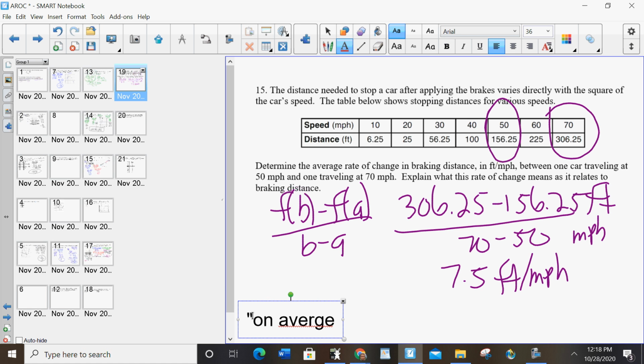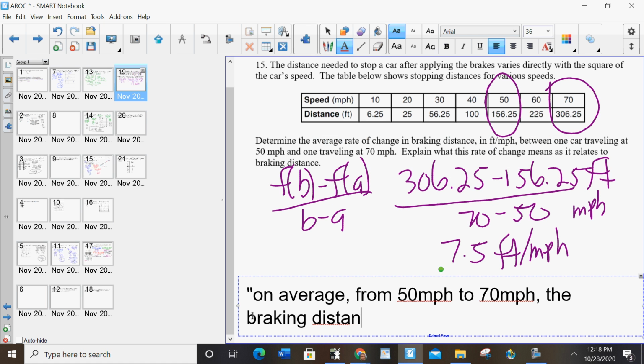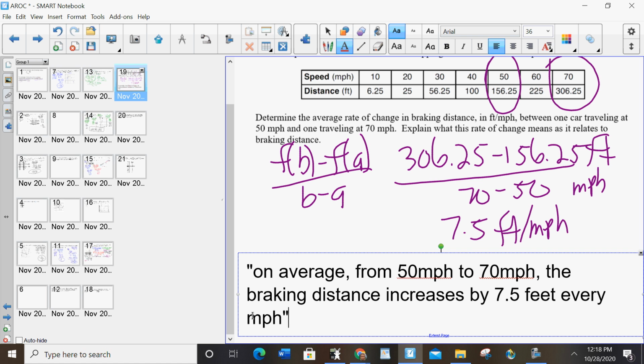on average, from 50 miles per hour to 70 miles per hour, the braking distance, if it's positive, increases by the average rate of change, 7.5 feet every mile per hour.